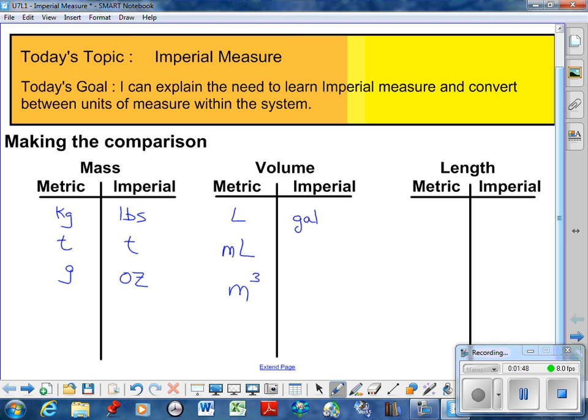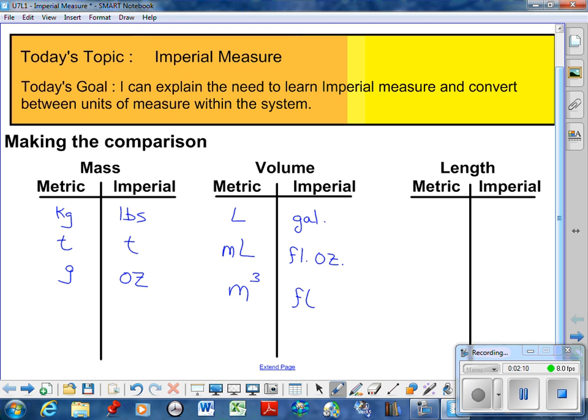And when I'm talking about equivalent, it would be what you'd be using on that side. So if you're measuring in liters, you're probably going to measure in gallons. Milliliters is going to be what we call fluid ounces. Okay, so the imperial, they have fluid ounces, which is a volume, and then they also have ounces, which is a mass. So it can be a little bit confusing when you're first starting into it.